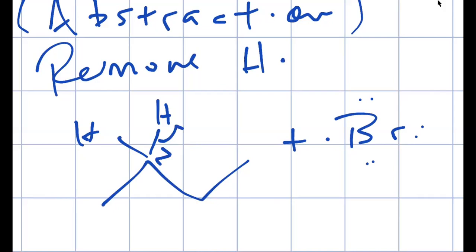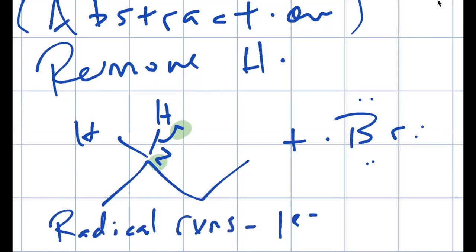Notice my arrows. I'm using fishhooks, or arrows with a single head. That means I'm moving 1 electron at a time.